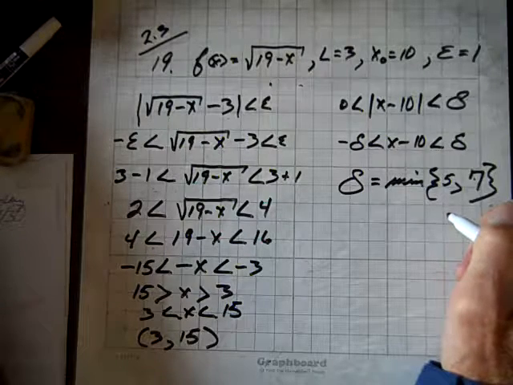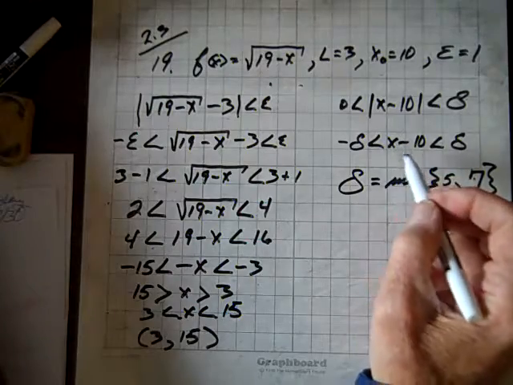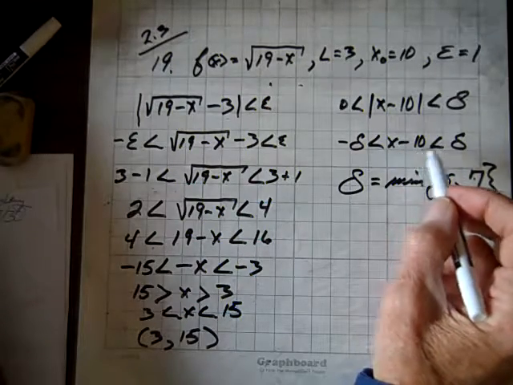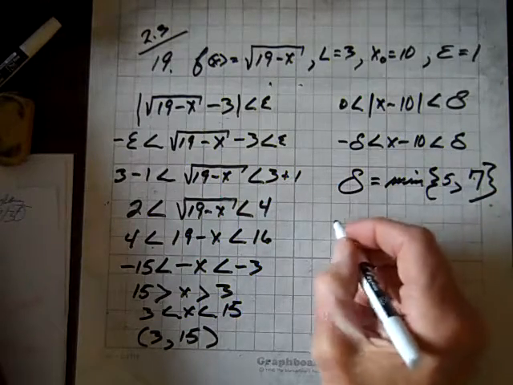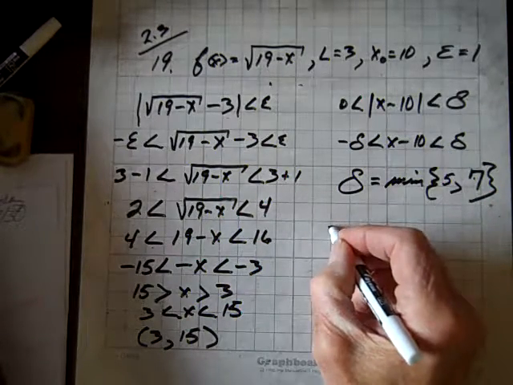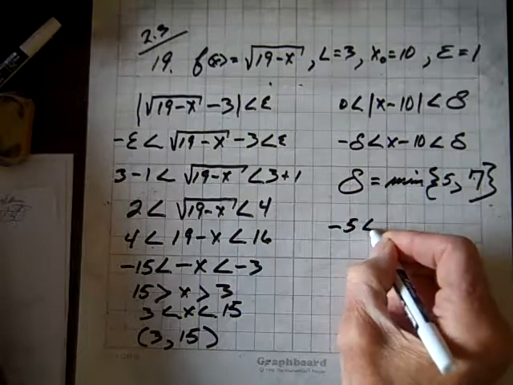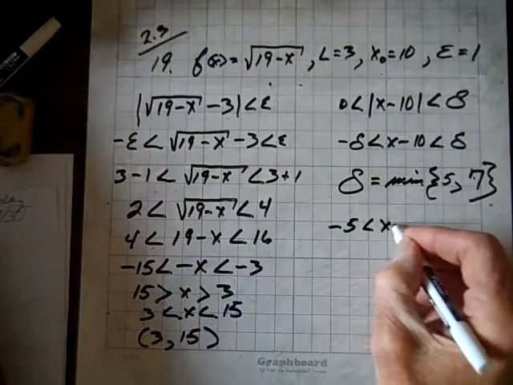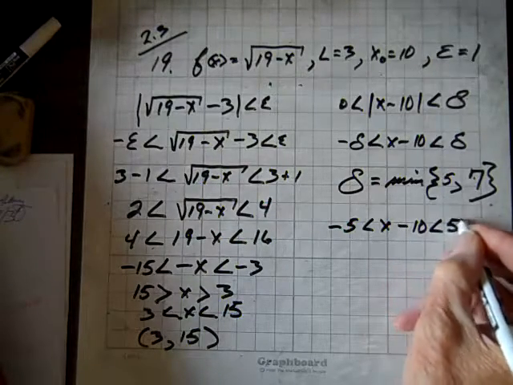Now, let's replace delta with 5 and see what happens. So I've got negative 5 is less than x minus 10, which is less than 5.